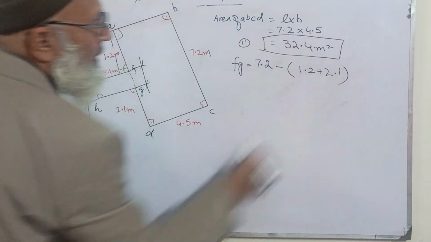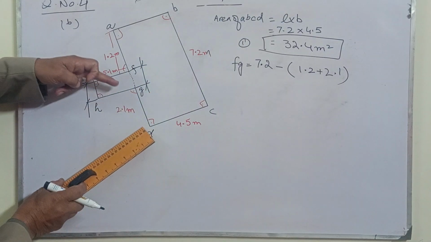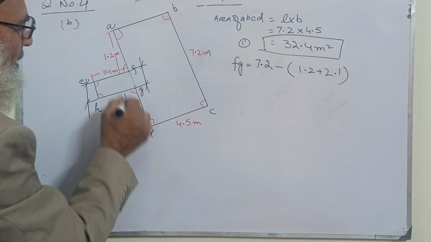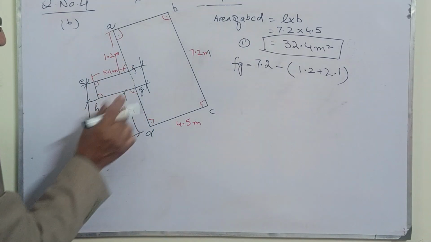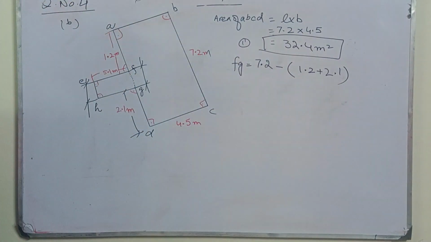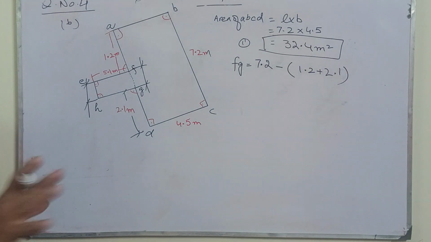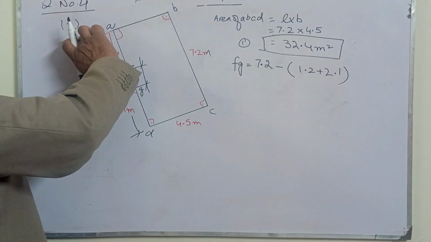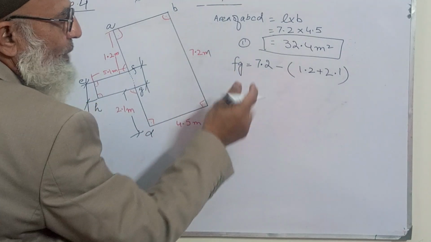Now you understand my strategy that I have added the two given things. From here to here it is 2.1, it is 1.2. I have added these two and subtracted from the larger side, that is 7.2.